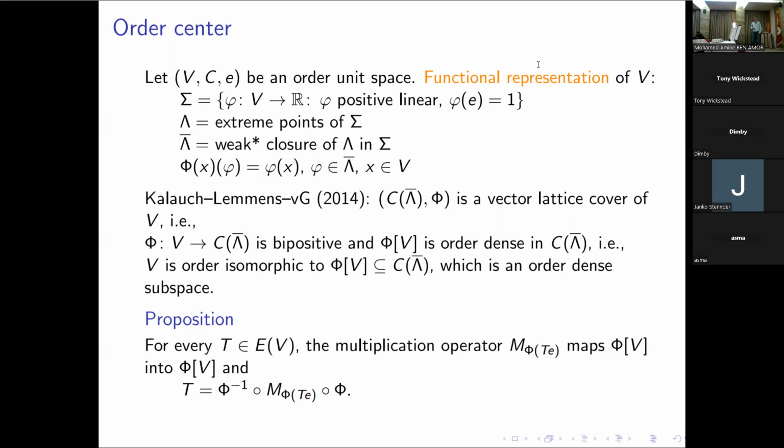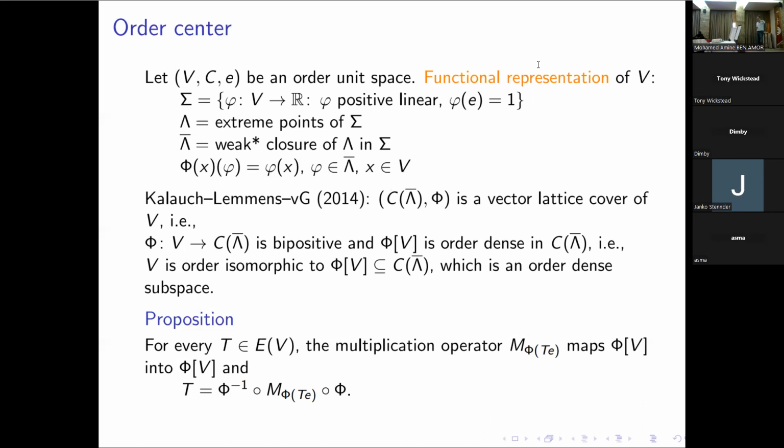And so then we can more or less translate an operator from V to V into an operator on a subspace of the continuous functions into a subspace of the continuous functions. And it turns out that it is in the order center of V if and only if it gives a multiplication operator seen as elements of that space of continuous functions.